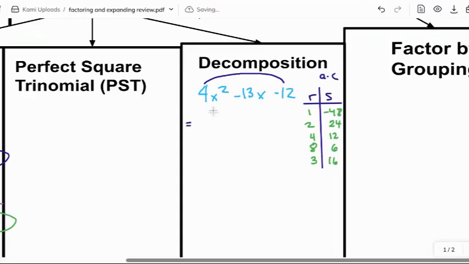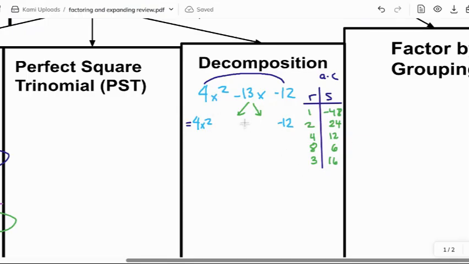Okay, so watch the colors. What's not changing? 4x squared and minus 12 are not changing. But this is what decomposition is. This step here, when I take the middle term and I break it up. When food is decomposing, it's breaking up. So this step is called decomposition.